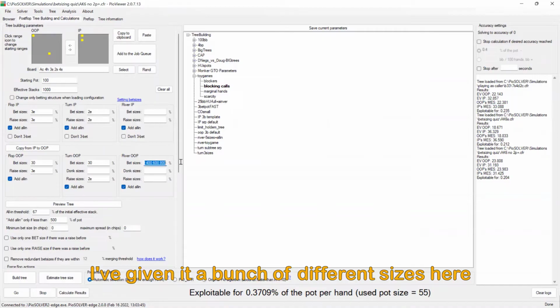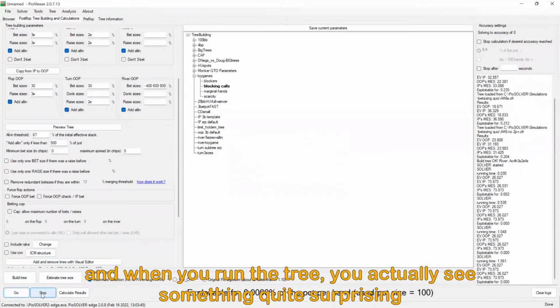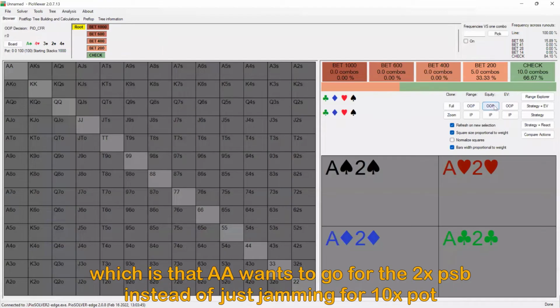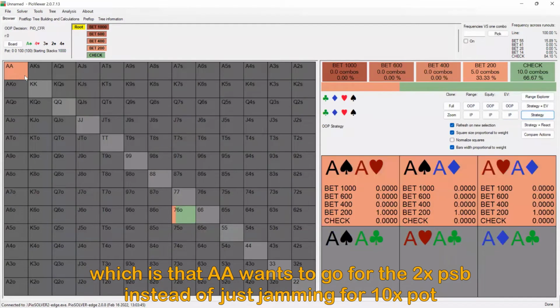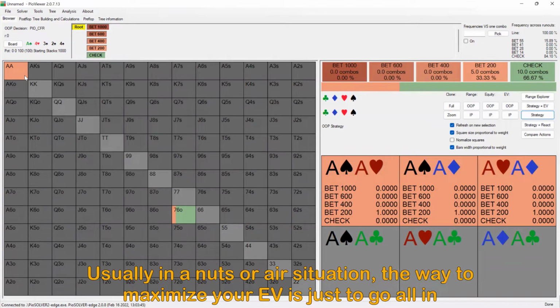I've given it a bunch of different sizes here, and when you run the tree, you actually see something quite surprising, which is that aces wants to go for the 2x pot size bet instead of just jamming for 10x pot, which is what you wouldn't normally expect. Usually in the nuts or air situation, the way to maximize your EV is just to go all in.